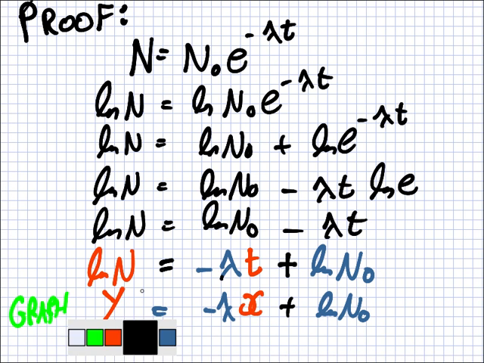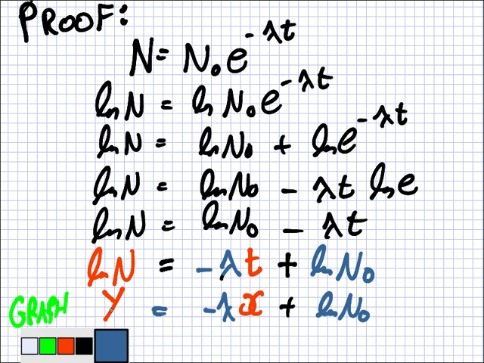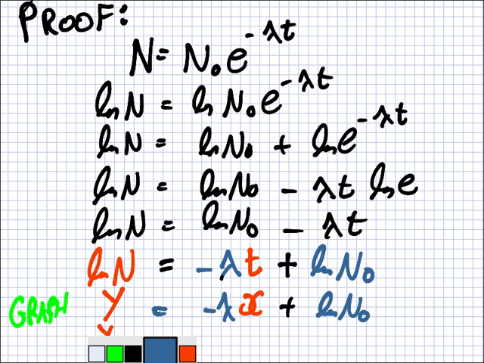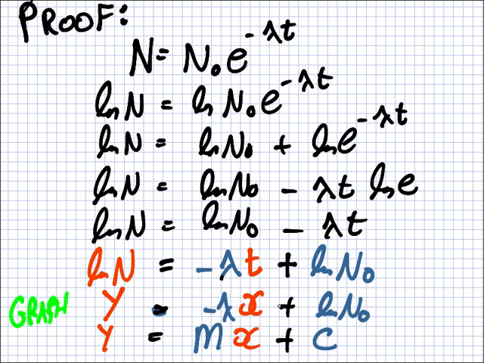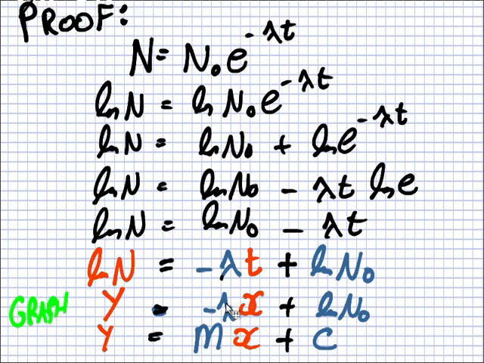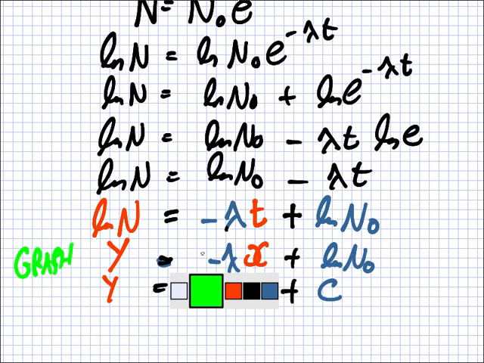So if you compare that to this, can you see then it means your graph is linear and also the m is minus lambda.